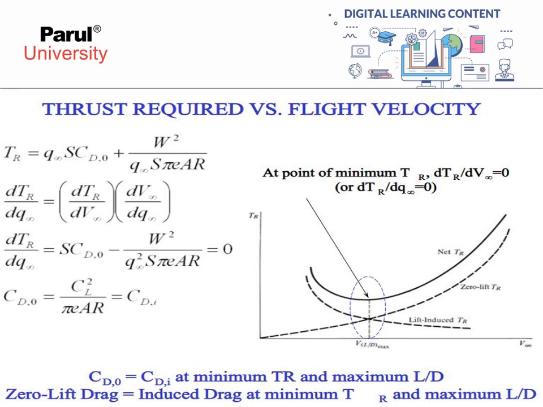CD naught equal to CDI at minimum thrust required and maximum L by D. The zero lift drag is equal to the induced drag at minimum thrust required and maximum L by D. We can see in the graph also, this circular region indicates the point of maximum L by D, which gives the velocity at maximum L by D, and this is the point where CD naught equals CDI for minimum thrust required, or we can say maximum L by D also. Understood? Okay, we can go to the next slide.